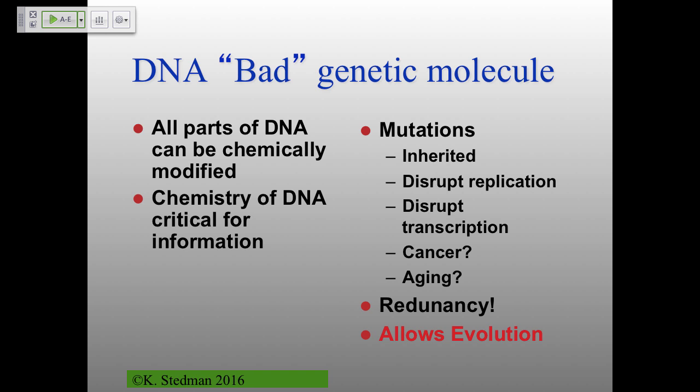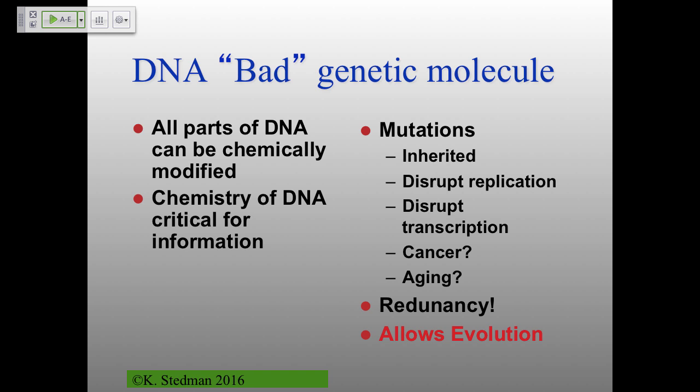Mutations, if they will make a specific change that gets copied incorrectly, and not all mutations are that way, but something which gets copied incorrectly, those will then be inherited. So if you have a particular change, and we'll talk about deamination of cytosine, which then causes a change in the base pairing, then you'll have something which can get passed down from generation to generation, or just from cell to cell.